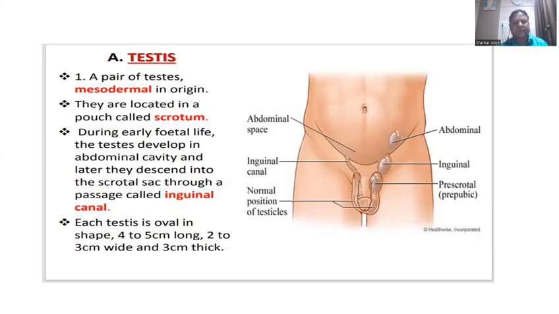They are located in, as I already told you, the scrotum. During early fetal life, they develop in the abdominal cavity, but they descend down into the scrotal sac through an inguinal canal. Each testis is oval in shape, 4 to 5 centimeter long, 2 to 3 centimeter wide, and 3 centimeter thick.